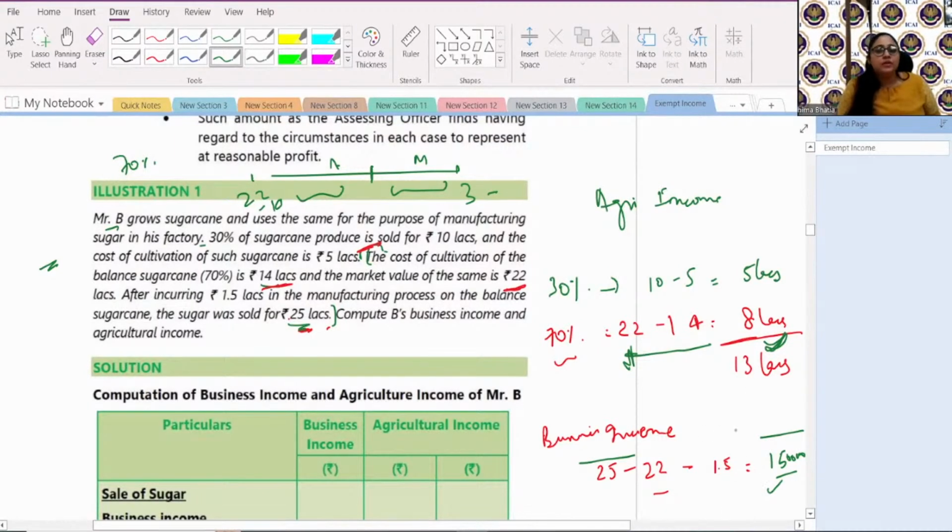My manufacturing income, ultimately my business income, is 1,50,000. Or you can do it the other way. 22 minus 14 will remain the same. And business income is 25 minus cost of raw material minus 1.5, 1,50,000.